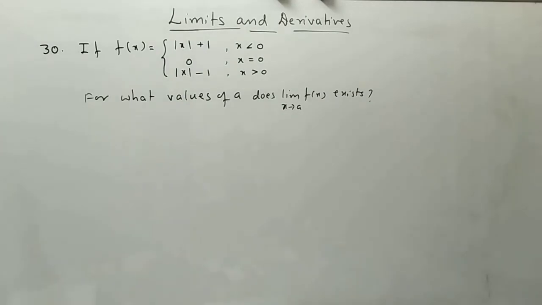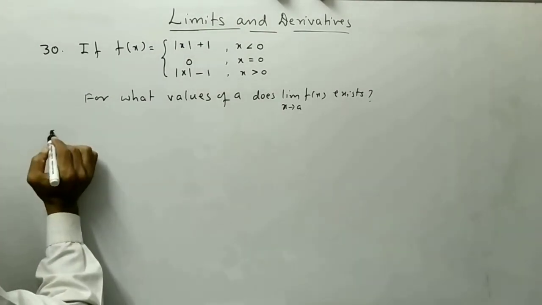30th question. If f of x is equal to modulus of x plus 1 when x is less than 0, 0 when x is equal to 0, modulus of x minus 1 when x is greater than 0. For what values of a does the limit of f of x when x tends to a exist?